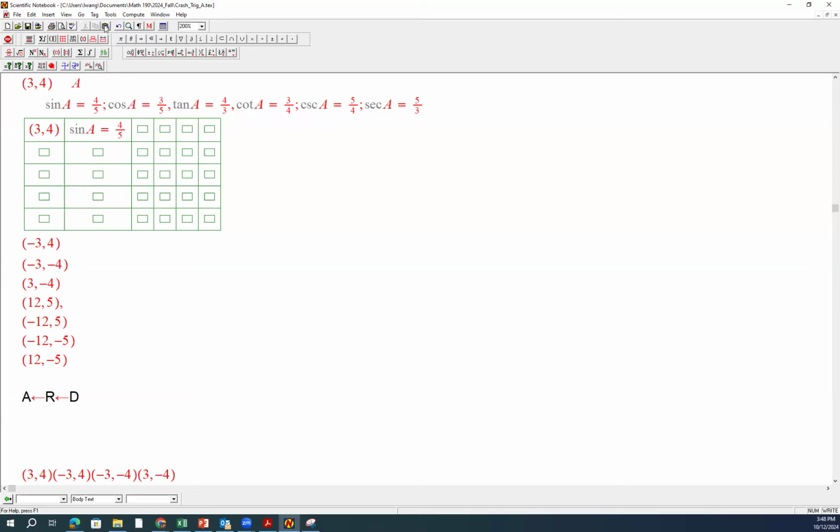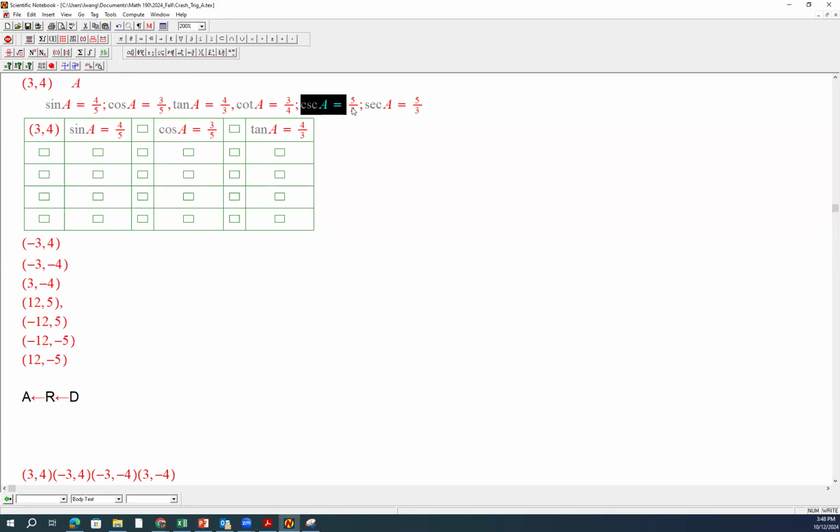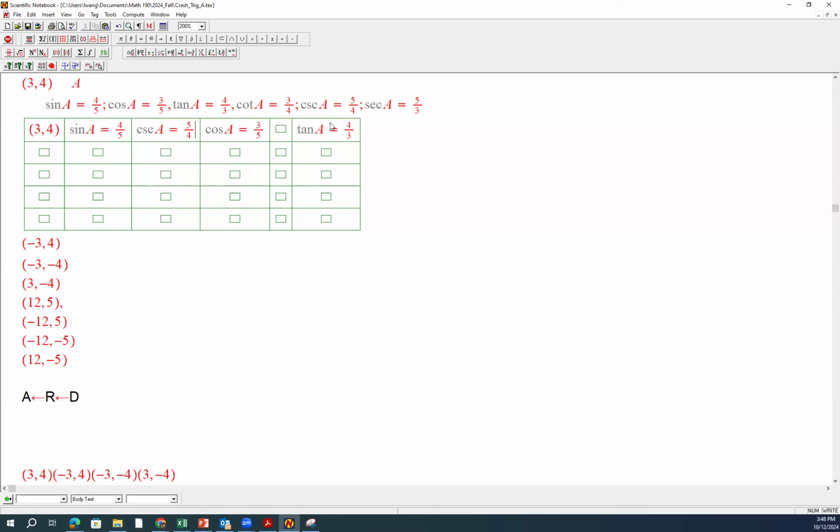Copy and paste. I'm going to put it this way: tangent. I think we probably need another column. Cosecant, I put right next to sine. Secant, I put right next to cosine.